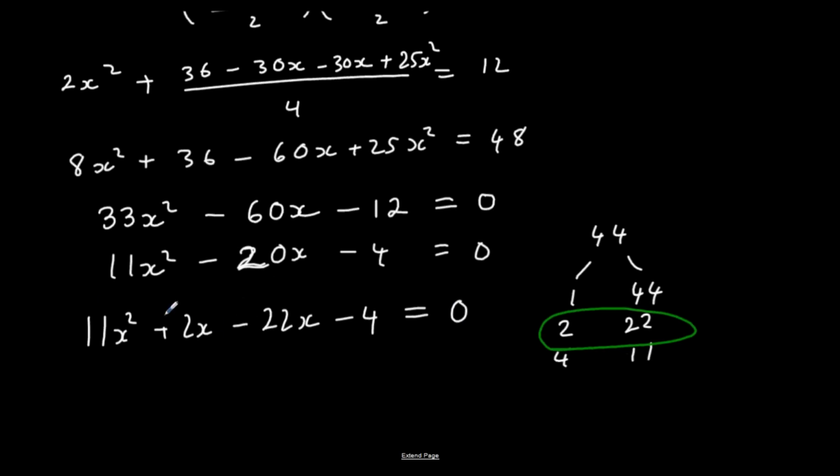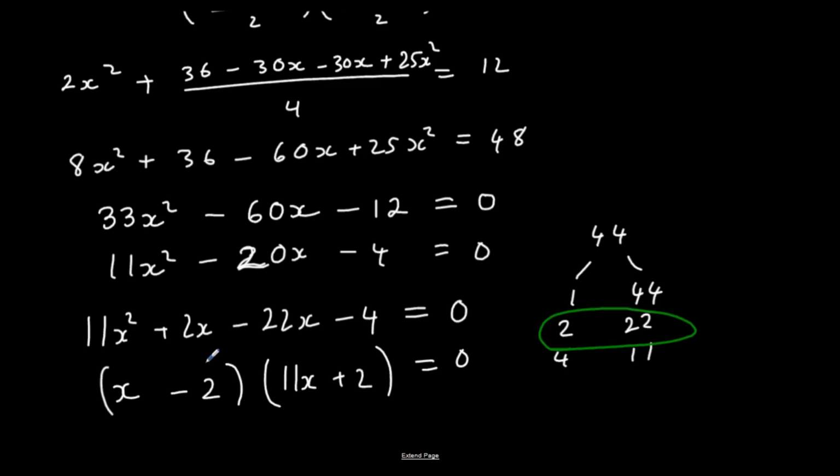So what can I take out of the first two terms? Just an x. So it's an x here. x times something is 11x squared. That's 11x. x times something is 2x. That's 2. And something times 11x is minus 22x.